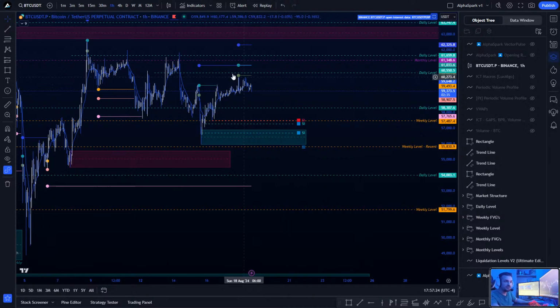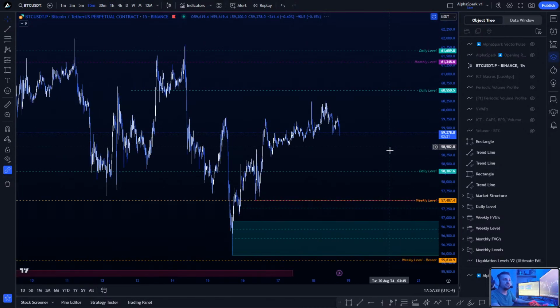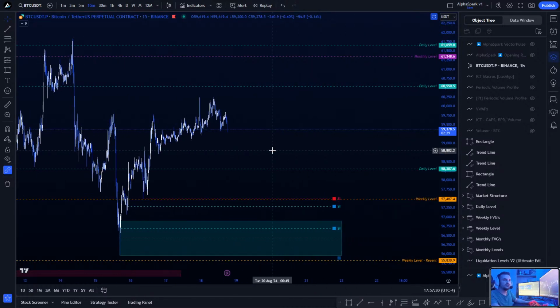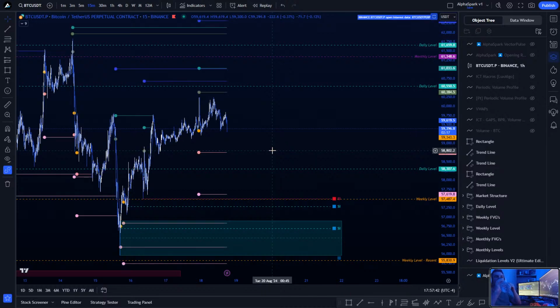Only down there. 15 minutes. 15 minutes is maybe a little bit too granular. It might be too noisy, but let me see what shows up. Okay. We have a liquidation level close to the stacked imbalance I marked.